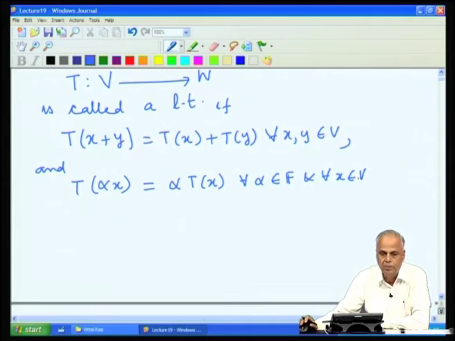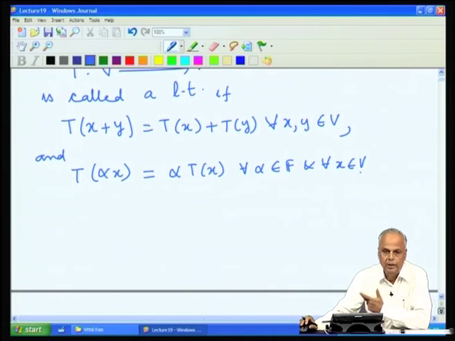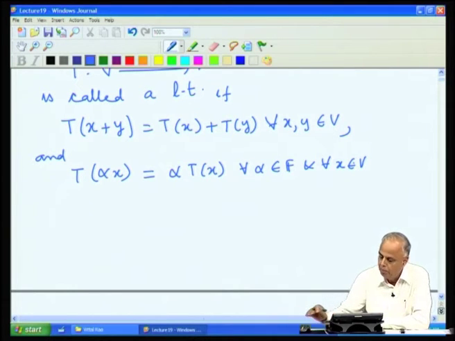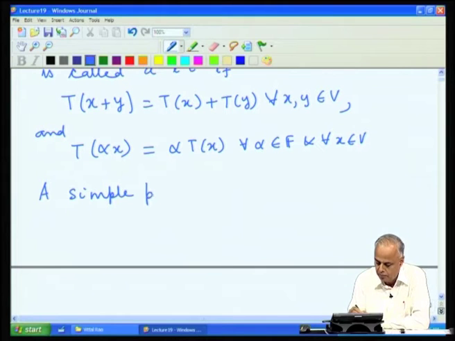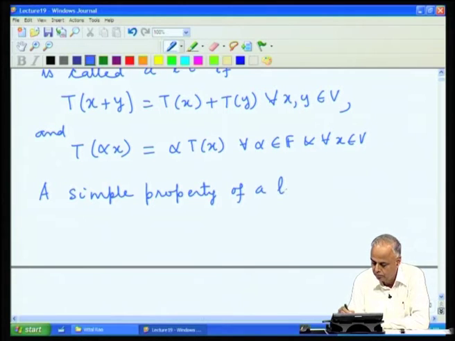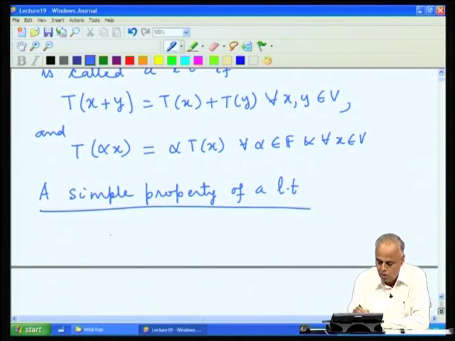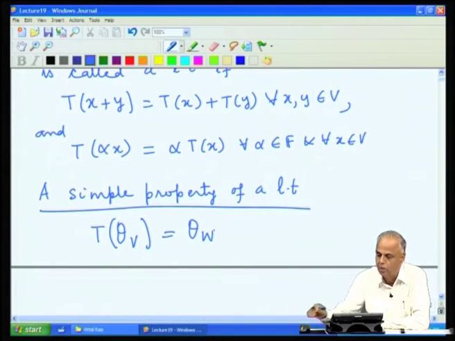Such a linear transformation is going to hold the key for our studies on various questions that we raised. An important property that we observed, a very simple but important property, of a linear transformation, which we saw last time, was that if we take theta V, the 0 vector in the V space, T always maps it to the 0 vector in the W space.